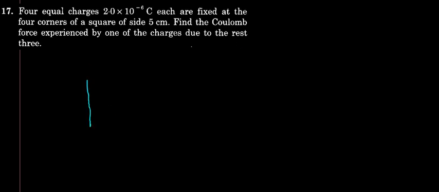So let us assume the square ABCD, on the vertices of which we have equal charges, say Q. This one is Q, this one is Q, this one is Q, and this one is Q. And let the side length of the square be L. So we have to calculate the Coulomb force on one charge.